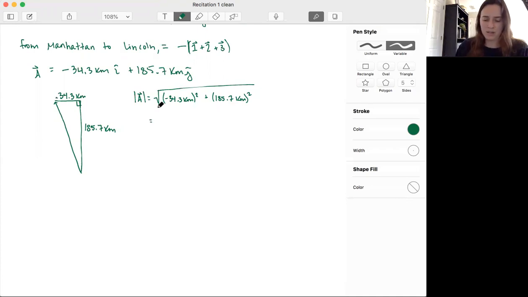So you can punch that into the handy dandy calculator, and that gives us 188.8 kilometers, which if we're going sig figs should be 189.